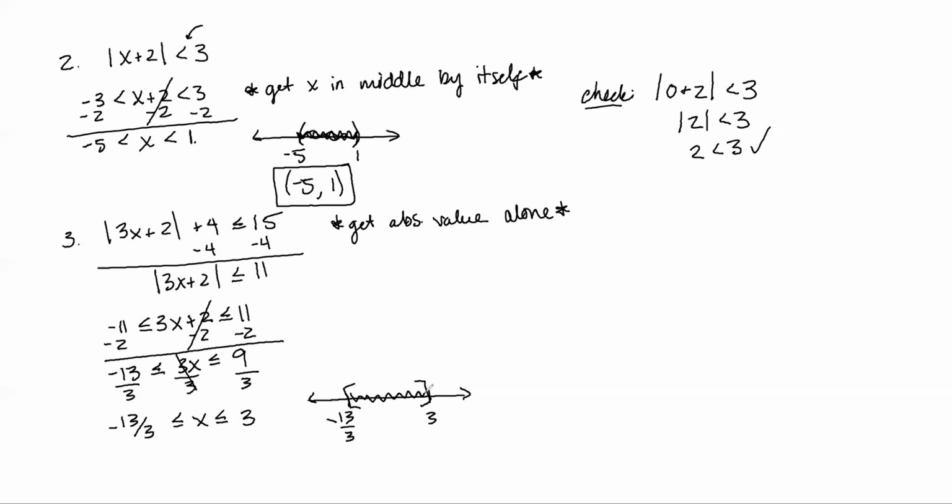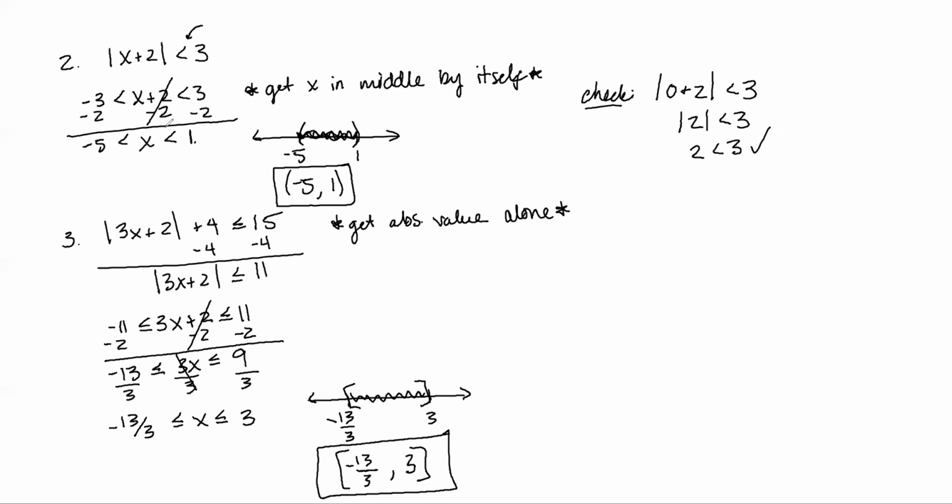And then our interval notation, we're going to start at negative 13 thirds with a bracket, comma, we're going to go all the way to 3 with another bracket. And notice the kind of theme here with a less than or less than or equal to, you're always shading in between. And your brackets and parentheses should always be the same because you have to write that left one in according to what you have in the original equation or inequality.